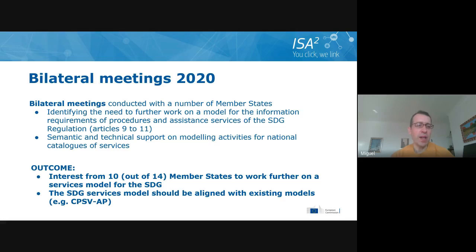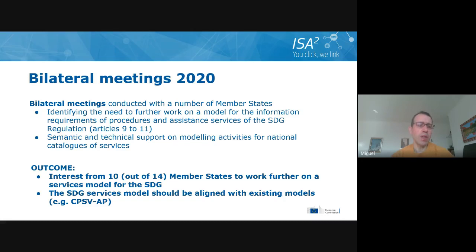And we identified at this stage that there was interest to further work on a potential data model for the information requirements of these procedures, assistance services, and other pieces of information of the regulation, Articles 9 and 11. And also to work more on the semantic and technical support of modeling activities for building the National Catalogue of Services.